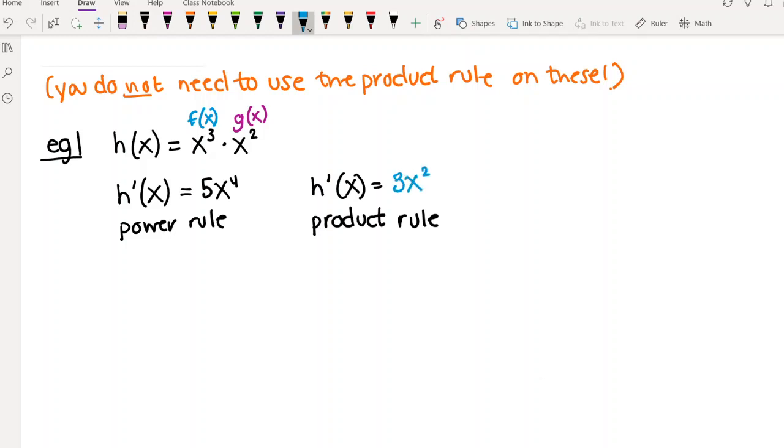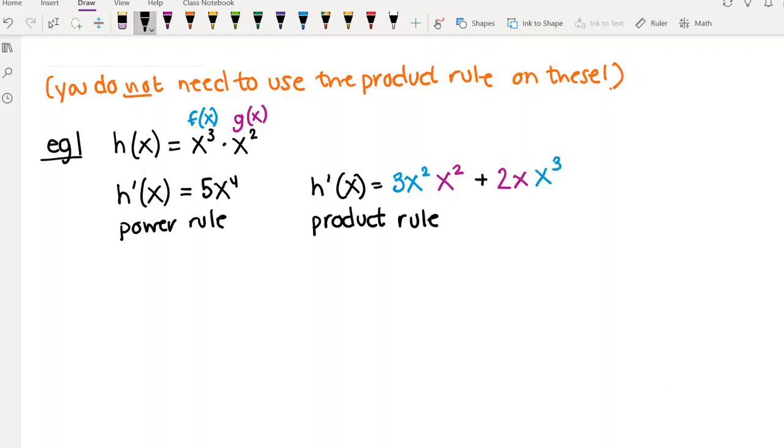So take the derivative of x cubed. Then you would just multiply that with the second function, so just with x squared. And then the second part of the derivative, we would take the derivative of g of x, so that's going to give you 2x. And then we're going to multiply that with the original f of x, and so that's going to be x cubed.